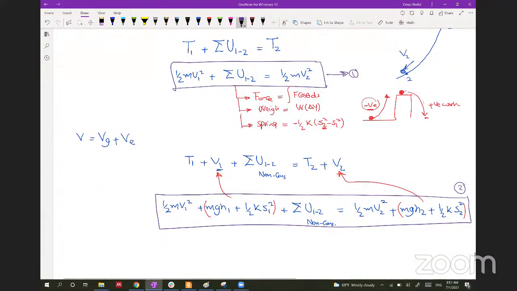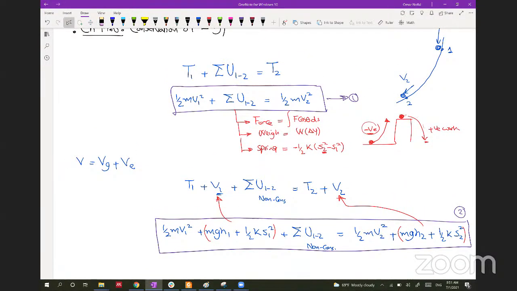But in this equation, if your body is here, you will have to assume a datum to measure from. So here's a datum, and the body starts from here, so h1 is 0.